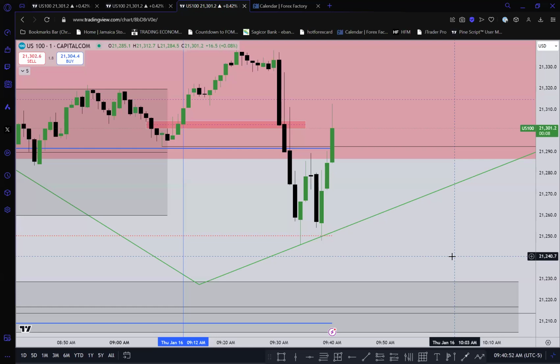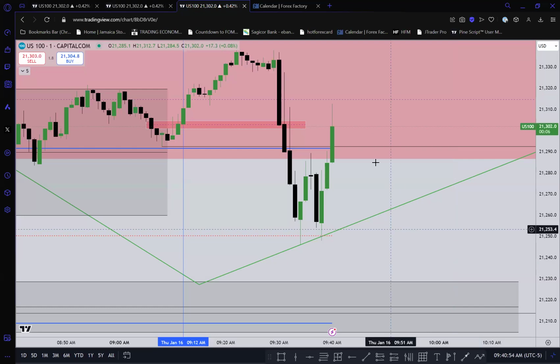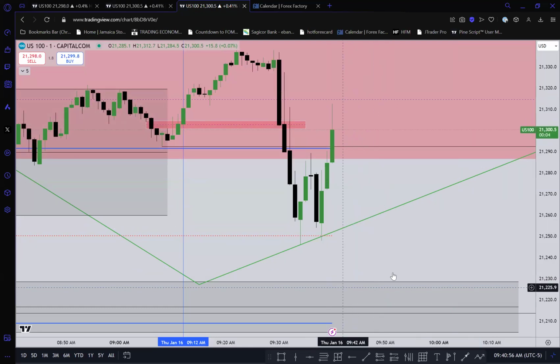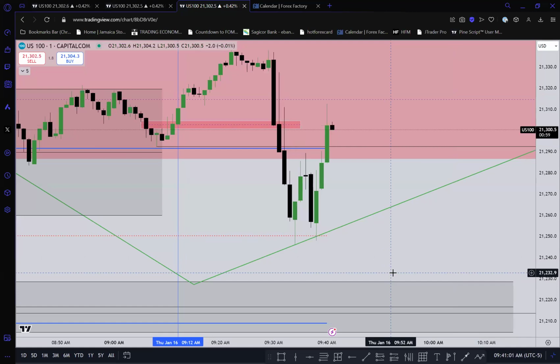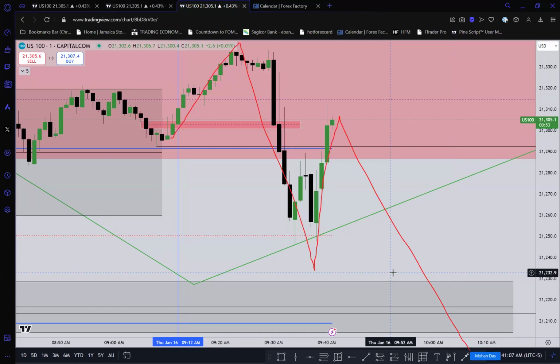It's been a slow, messy day, but I don't think this is the long I'm looking for. Just waiting for it to get back down there now, and I will participate. Yeah, something like that.